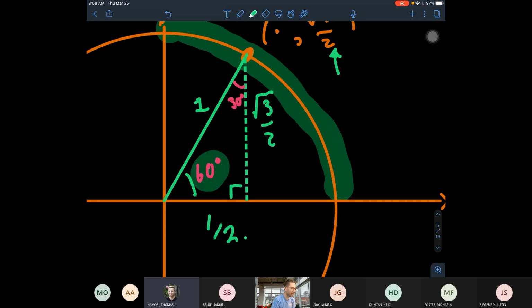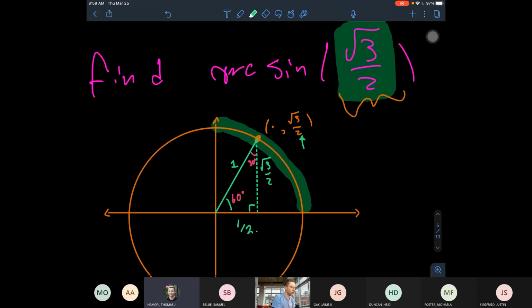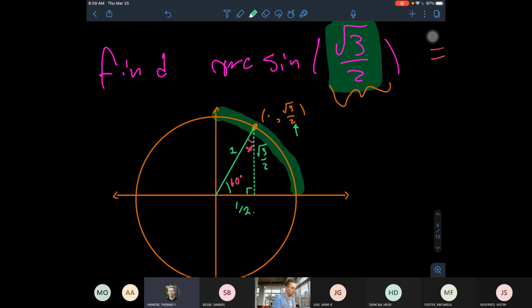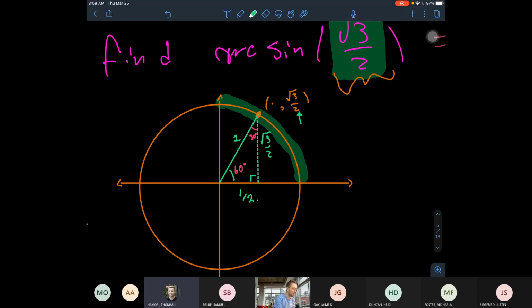Unless I give you a special right triangle, these problems are not really possible with the tools that we have. So if we're doing a sine inverse problem or a cosine inverse or whatever, you can pretty much bet your bottom dollar that the answer is going to involve one of the angles inside one of our special right triangles, like 30, 60, 90, 45, or multiples of those.